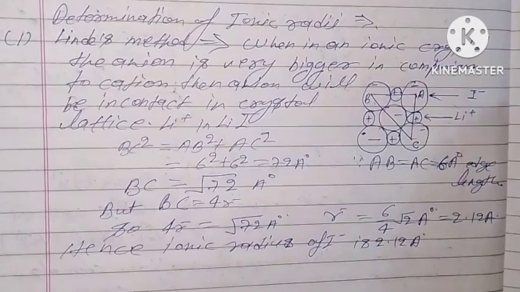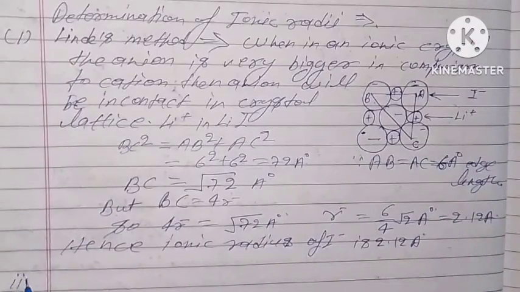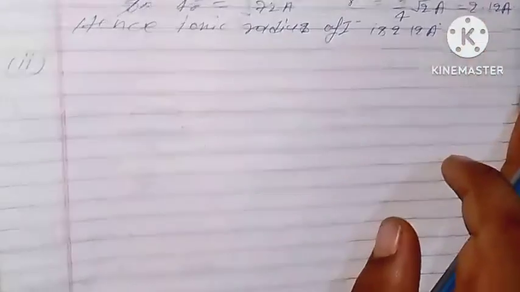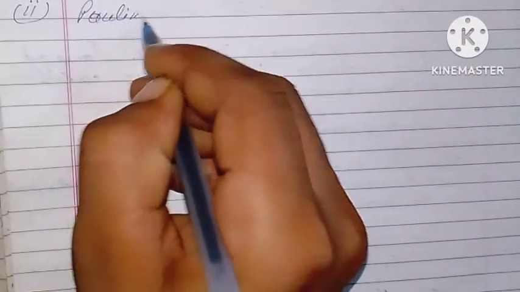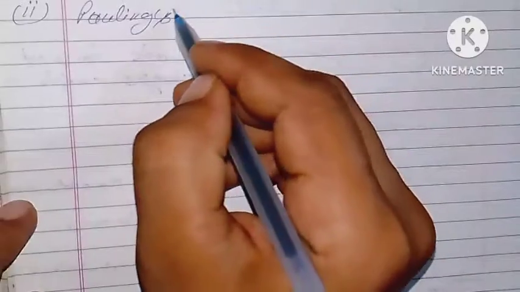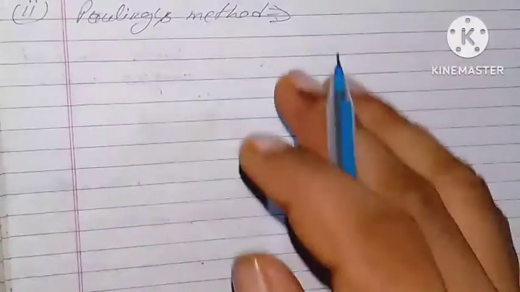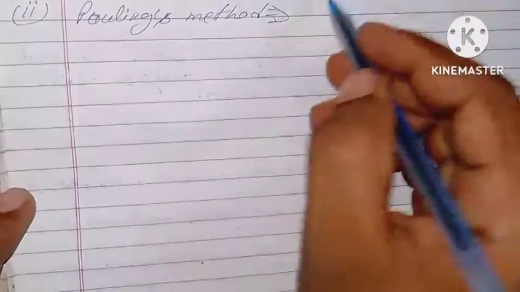And next is the Pauling method. This method depends upon two concepts.